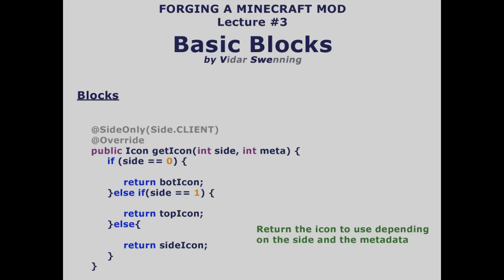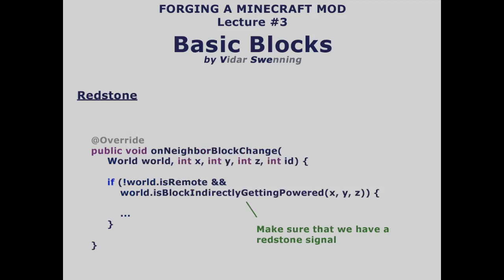If the side is 1, which is the top, we return the top icon. Otherwise, we return the side icon. We saw when we use the metadata that we return the top icon differently depending on if it was disabled or not, and then also later on we return the side icon depending on which type the block had at the very moment.